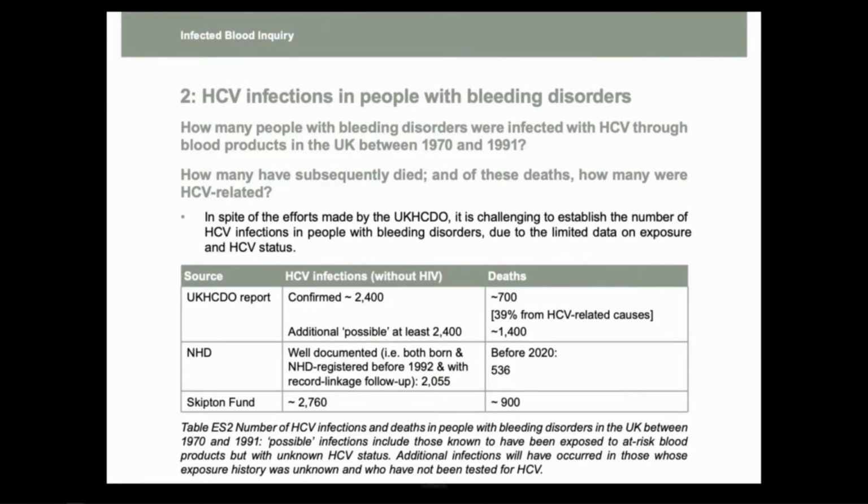May I just clarify that the National Haemophilia Database is essentially a subset of the information from the UK Haemophilia Centre Directors Organisation report. Very well. They say 536, yes, for a subset of the sort of well documented.